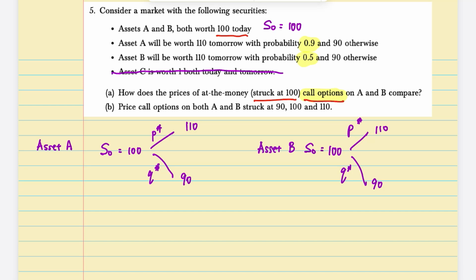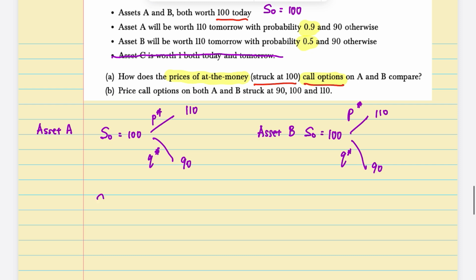Over here it is written that prices are at the money. At the money means today's price will equal tomorrow's price. So this is also another hint. It means that today's price equals tomorrow's price discounted by the interest rate. Prices at the money will also mean that today's call price equals tomorrow's call price discounted by the prevailing interest rate.